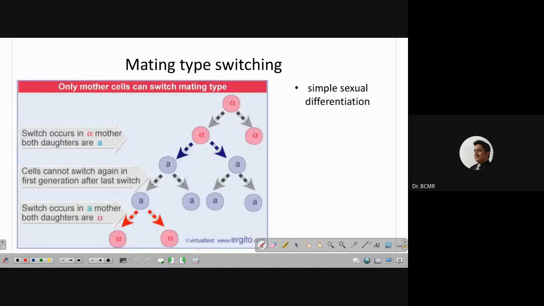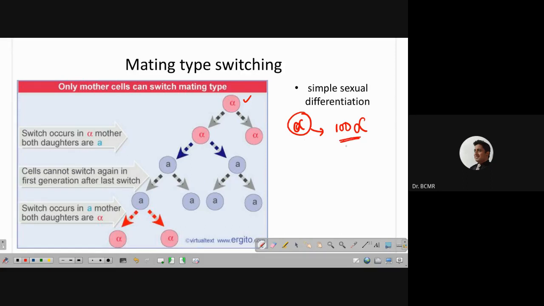And again, this is just another introduction. When people were doing experiments, they knew that if there is an alpha cell, and it is reproducing by budding, then what will happen? If this cell has given rise to a total of 100 cells, you would have had 100 alpha cells.